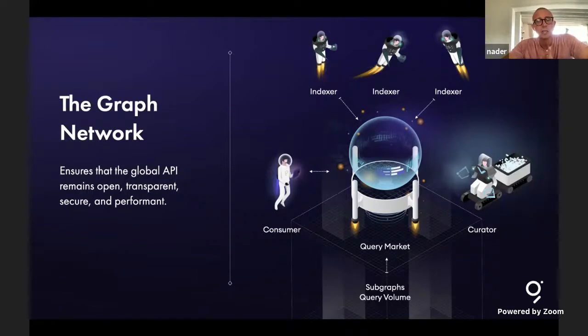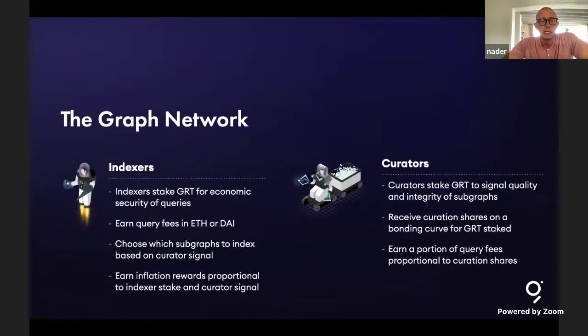So we have indexers, curators, delegators, and subgraph developers. Indexers basically run the nodes, running the infrastructure where the subgraph developers are deploying their subgraphs to. We also have curators who can signal towards certain subgraphs that they think are high quality.